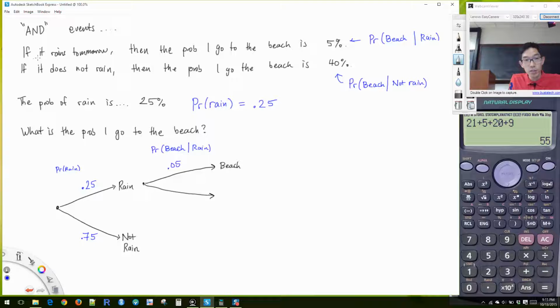The first sentence here says, if it rains tomorrow, the probability I go to the beach is 5%. So if I end up going down this path where it's raining, then I ask, what's the probability I'm going to go to the beach? According to this sentence, that probability is 5%. So I write that here. And then I might not go to the beach, so we'll say no beach. And what's the probability that I won't go to the beach if it's raining?